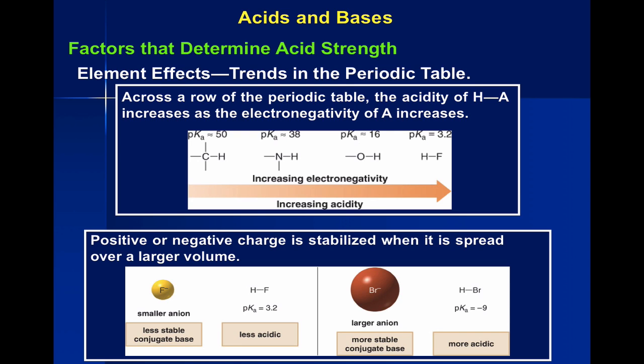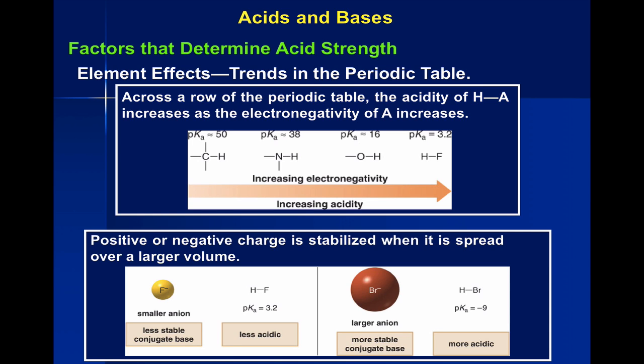We know that HF is actually a weak acid. HCl is a strong acid, HBr is a stronger acid, and HI is the strongest acid in that family. The reason that we see these periodic trends is because of the element effect.